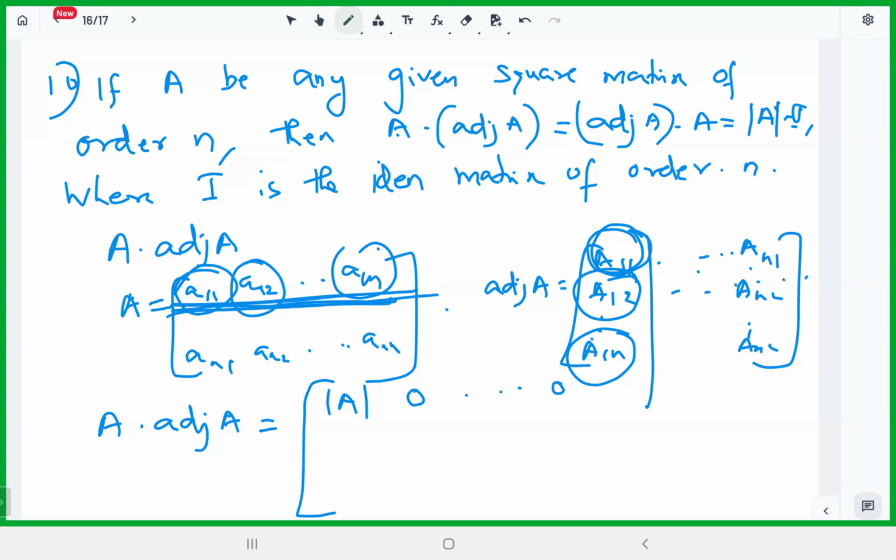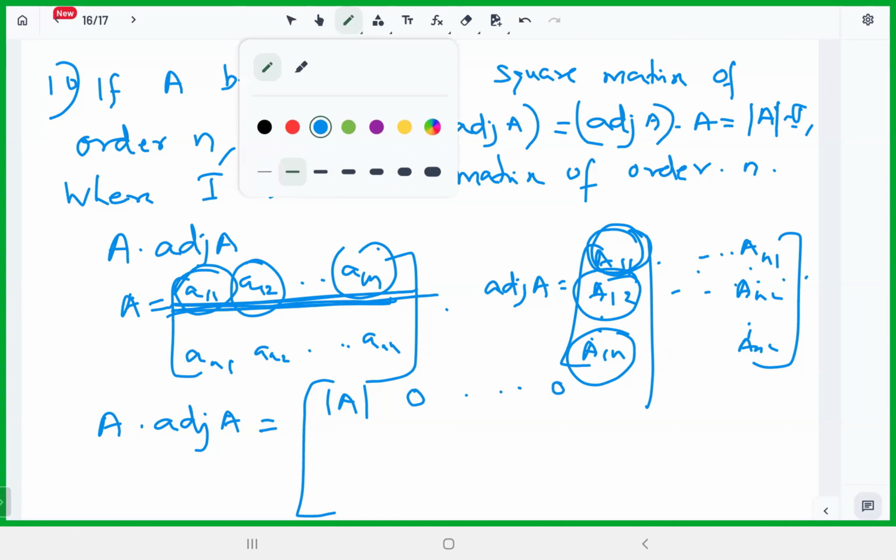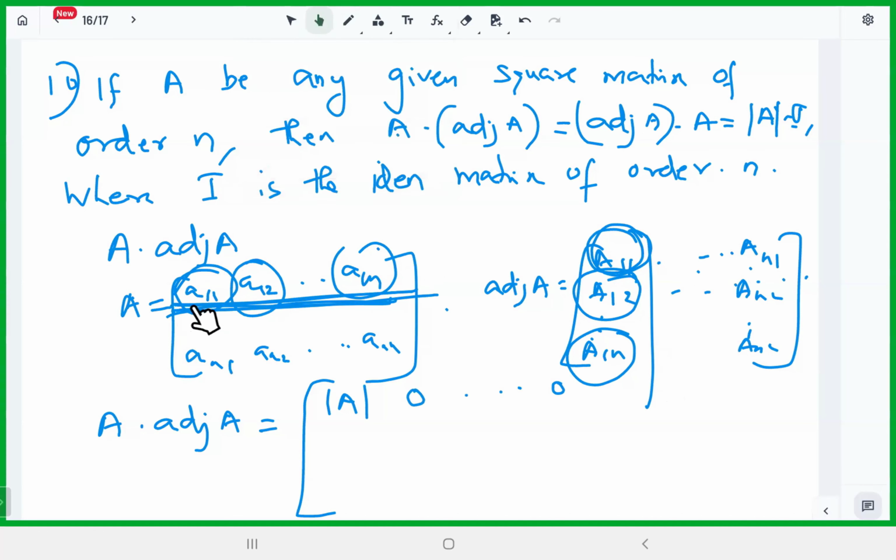Similarly, what happens to the second row of the matrix in A into adj A? The second row will be A21, A22, etc., A2n. If you multiply this row with the first column, these are cofactors of different elements, so the sum will be 0.